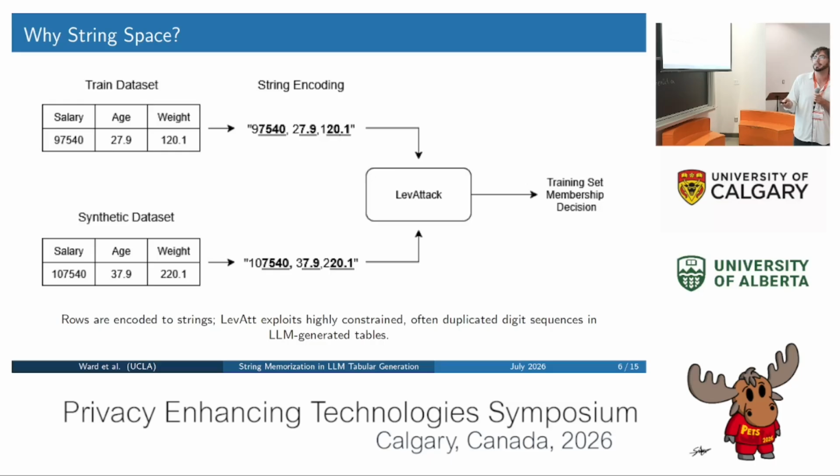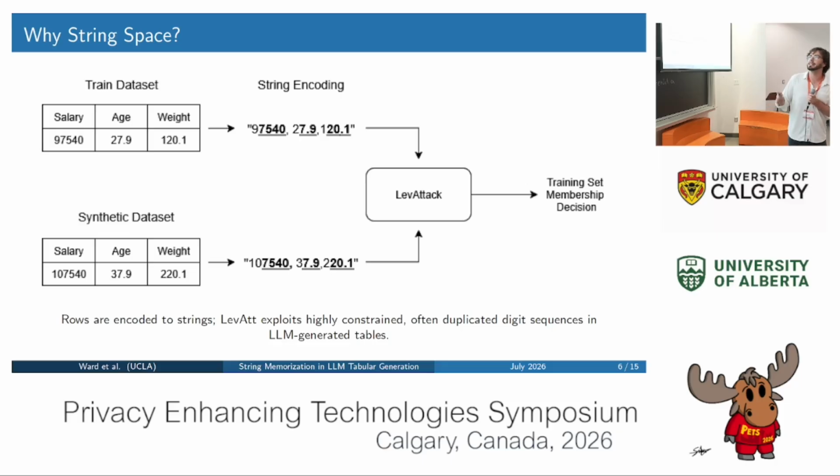In this case, by 10,000 units. What we observe in this paper though is that your LLM will generate strings that are far away in feature space distance, but are very close in terms of string similarity. So instead of 97540, it'll generate stuff like 107,540.